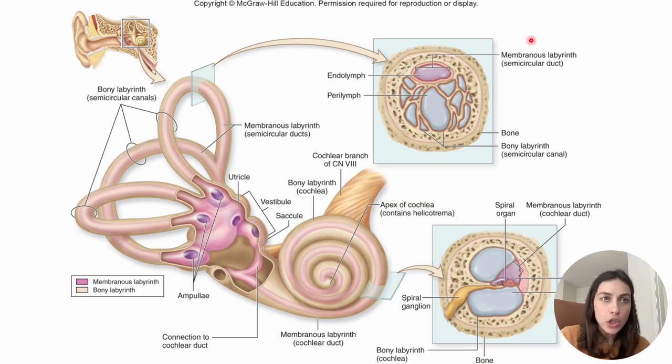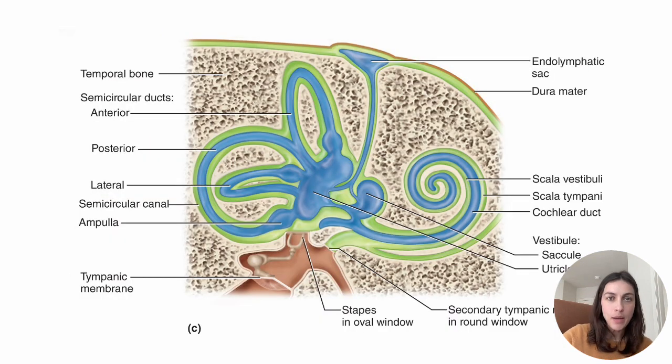Okay, and we already talked about the structure of the inner ear quite a bit in lab. You remember that between the actual bone area and the tubes there is a little bit of space, and that space is filled with perilymph.